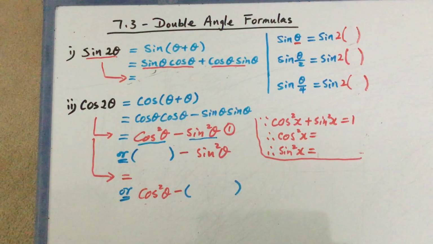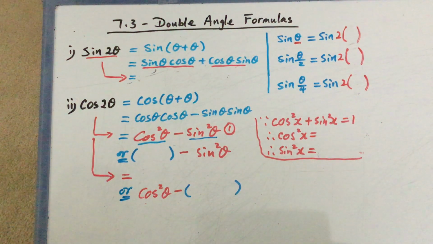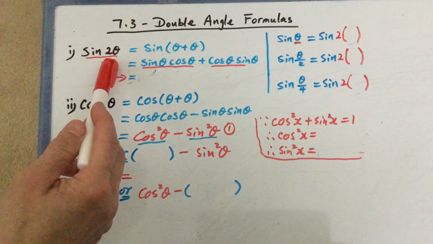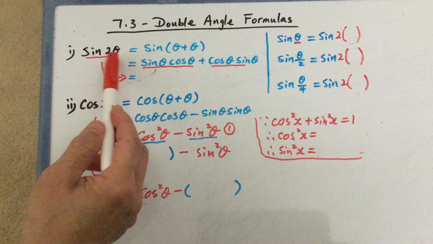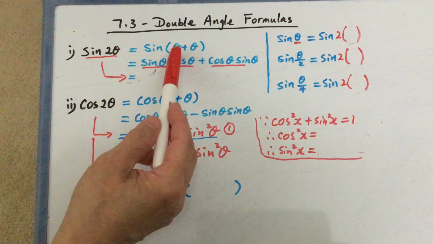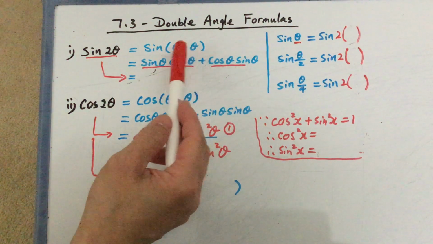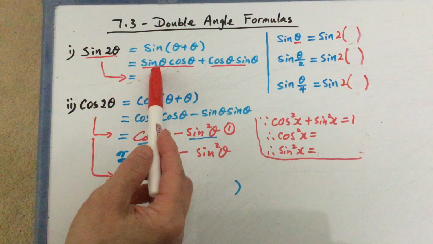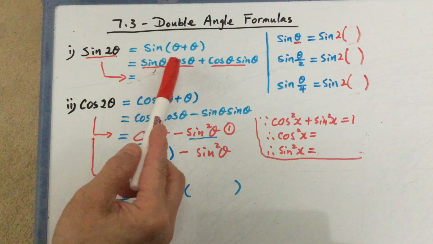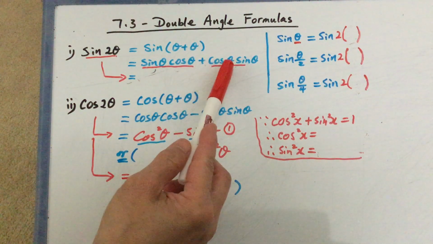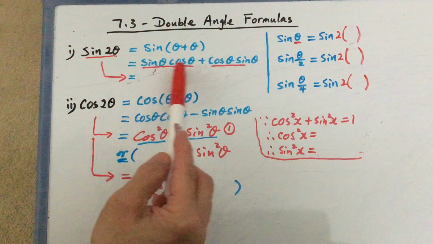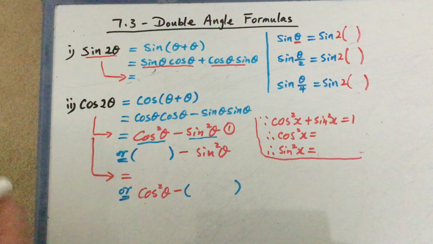Okay, so in sine 2 theta, the double angle for sine, all we do is break the 2 theta into theta plus theta. So from here, we can use the compound angle formula: sine A times cos B plus cos A times sine B. Since A and B are the same, you will end up with two like terms.